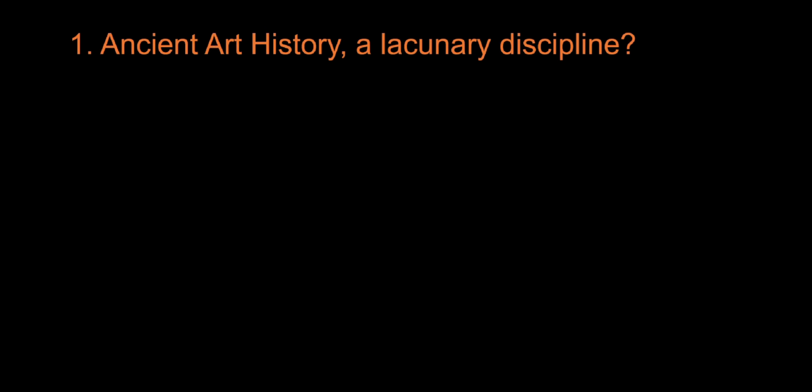But before reflecting on the benefits of that disciplinary dialogue, there is a first question that needs to be addressed. What exactly is it that we see when we do ancient art history?